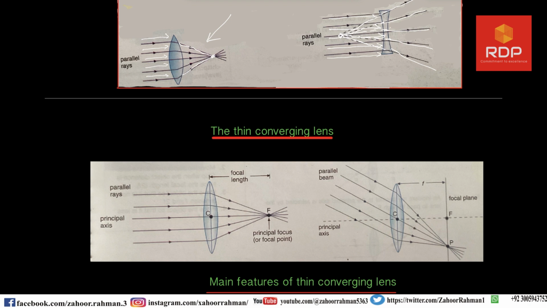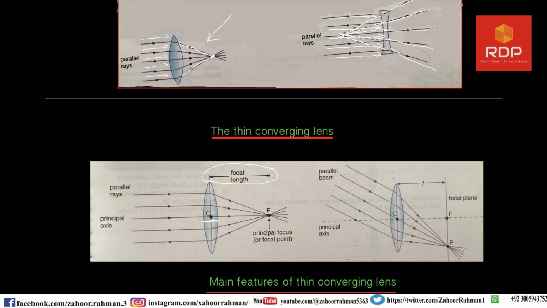What are they actually doing? A thin lens can be defined as a lens whose thickness is small compared with the focal length. You can see here that the focal length is larger than this region, which is the thickness of the lens.